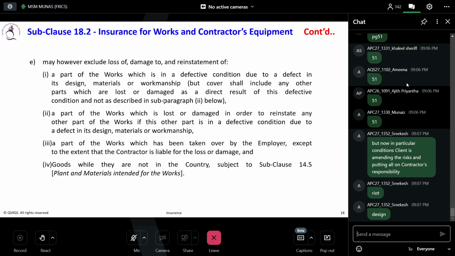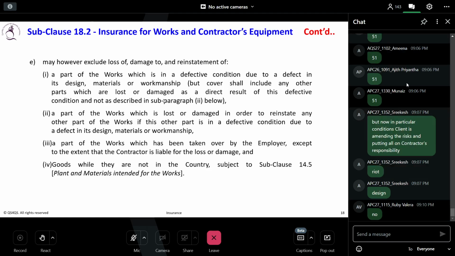So look at this one, what it says: if any defect happens because of the design or material or workmanship, do you think it will be covered by the insurance? It's an exclusion. It very clearly says, okay, damage that happened by some incident will be covered.